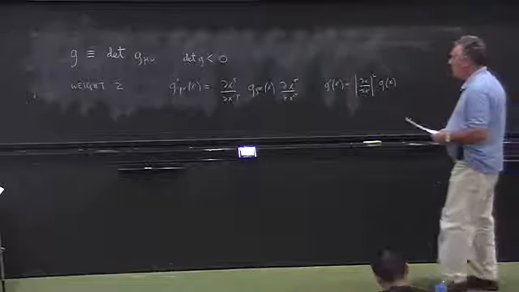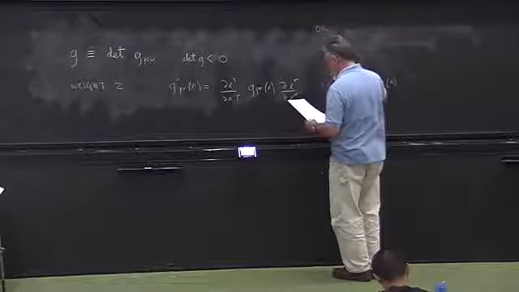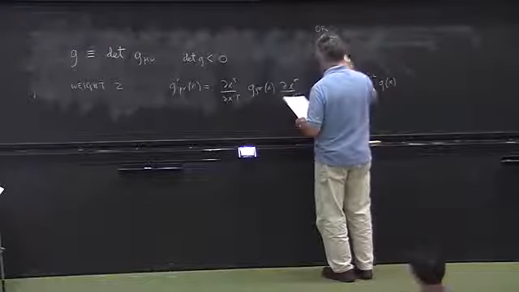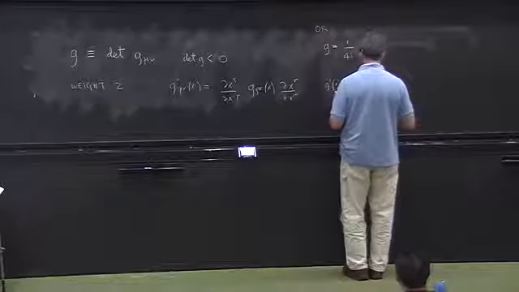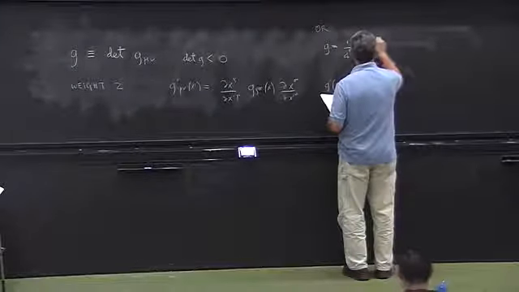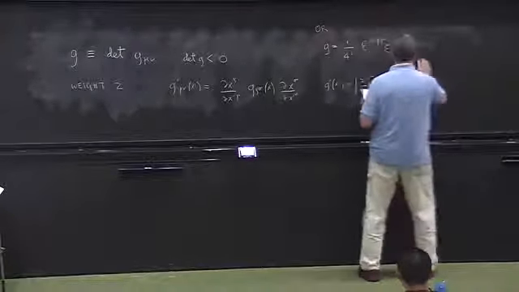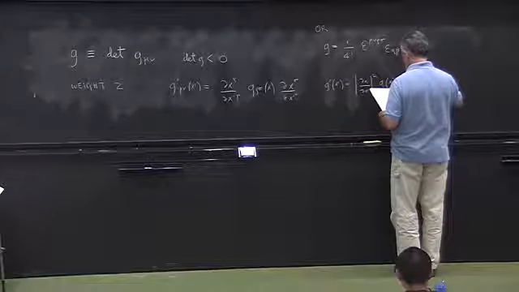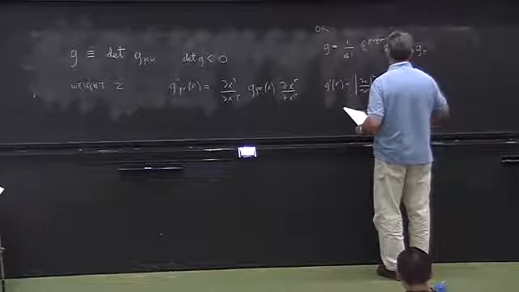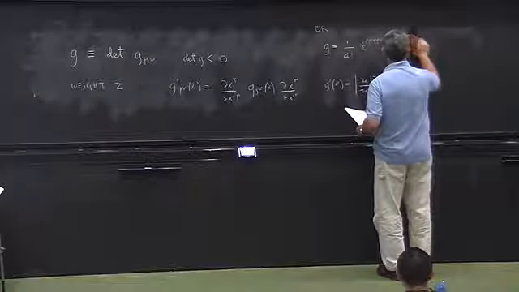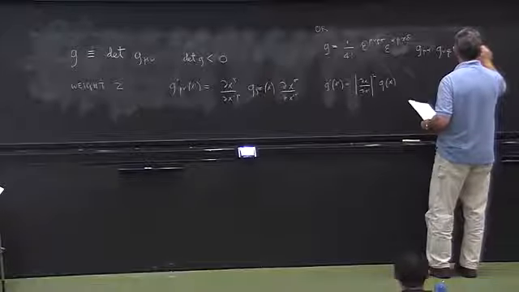But there's another way to see it. Because you can form a determinant using the Levi-Civita symbol: epsilon mu nu rho sigma epsilon alpha beta gamma delta g mu alpha g nu beta g rho gamma g sigma delta.